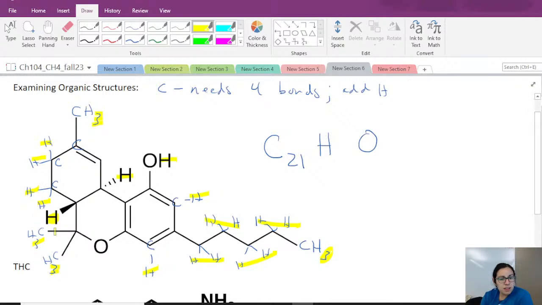And I'm still missing one somewhere. Oh, 30. I didn't draw this one in. So this one only had 3 bonds. 1, 2, 3. So H30. And then how many oxygens do we have? 2. So C21H30O2.